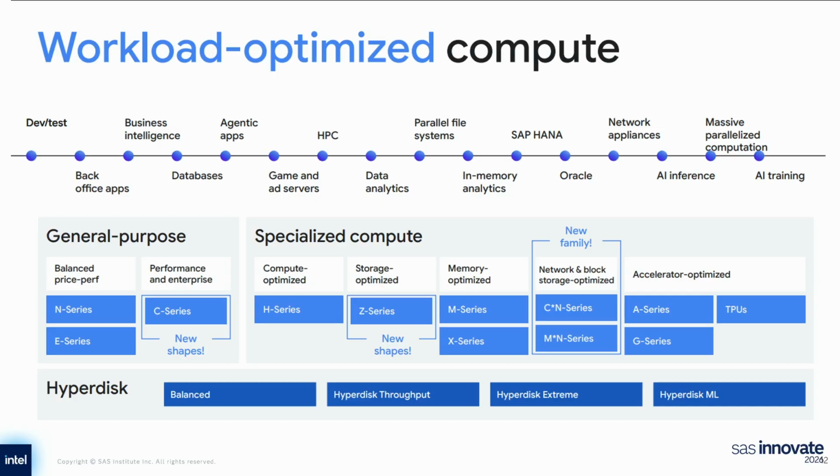We have some specialized instances like the Z4 storage optimized instance, which is on preview now. M4N instances are memory optimized instances for large scale in-memory databases, such as SAP and Redis usage. And now we have a specialized instance that's on preview right now.